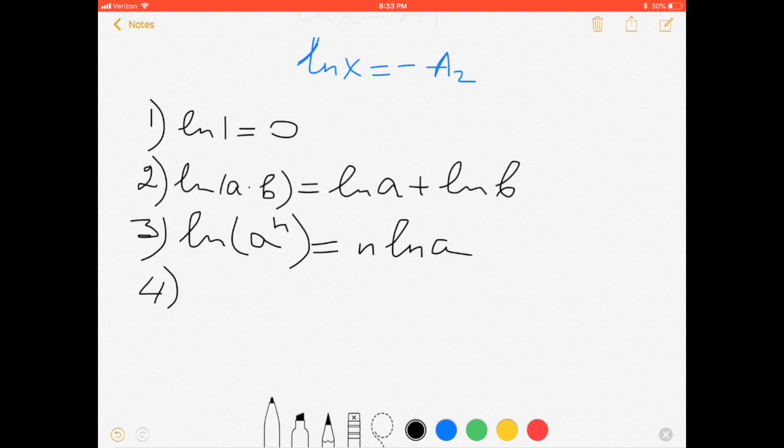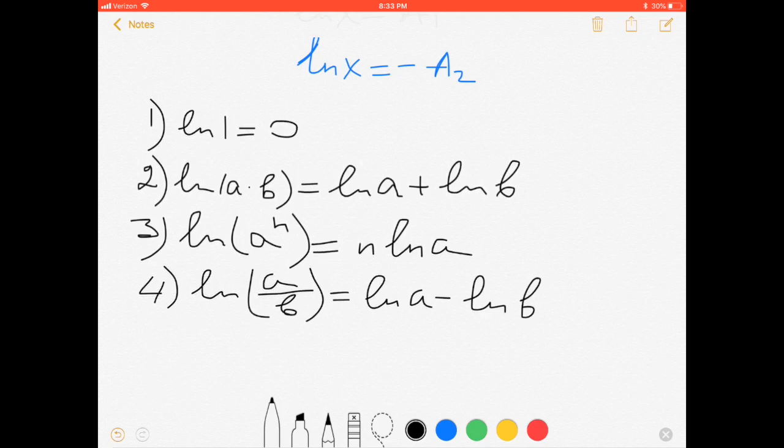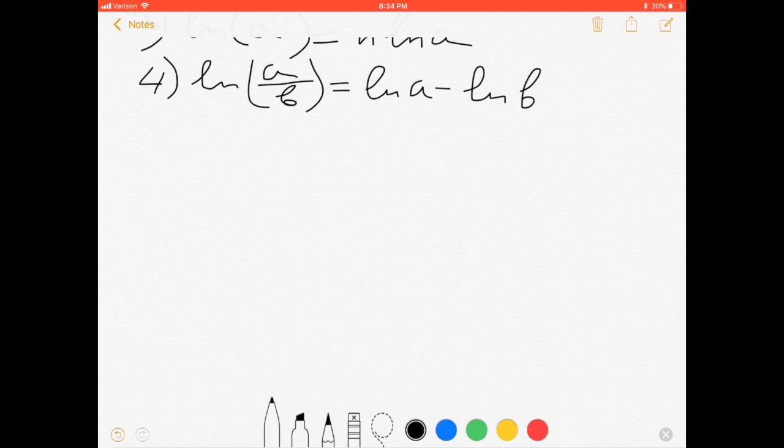And fourth, natural log of a over b will be natural log a minus natural log b. As you remember, this is all what we used before. And now we have some new information.